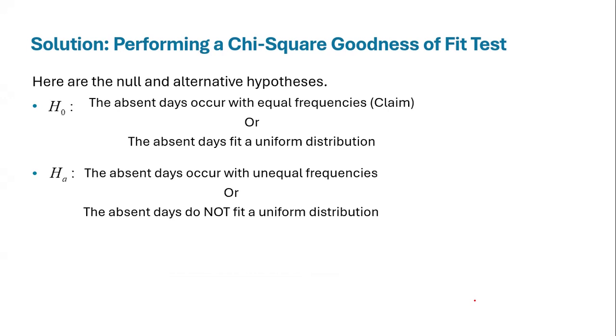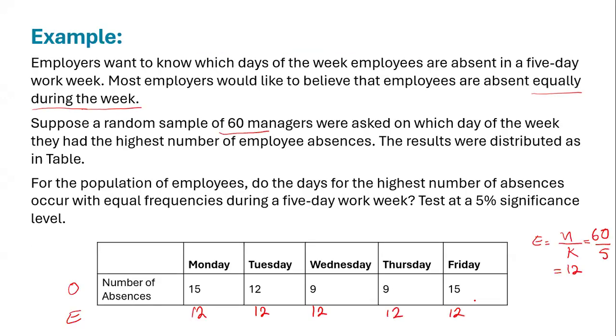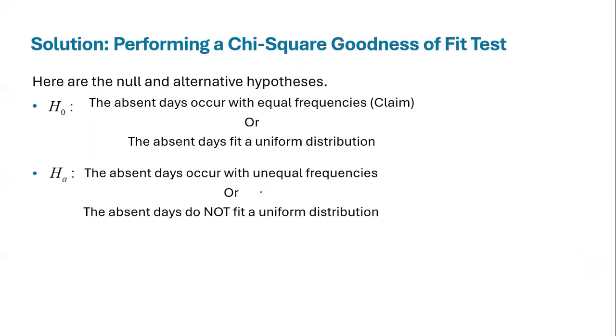To write the null and alternative hypotheses, again, we can say that the absent days occur with equal frequencies, which is our claim. If you look at the problem here, it says, do the days for highest number of absences occur with equal frequency, which means the absent days occur with equal frequency.